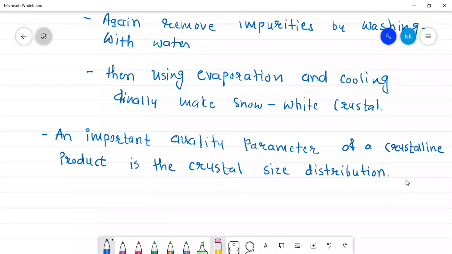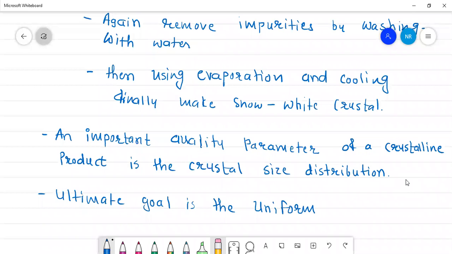The ultimate goal is a uniform crystal size, so we should have a uniform size and shape of the crystal.